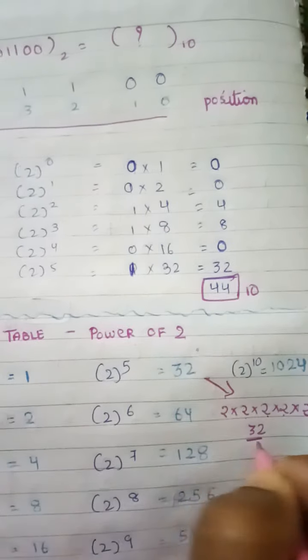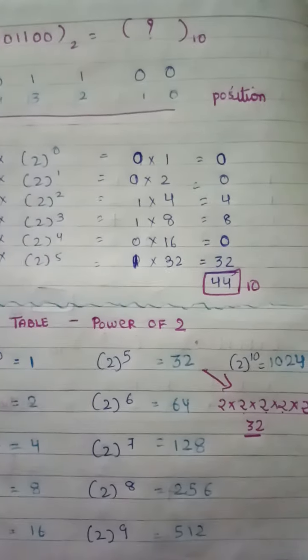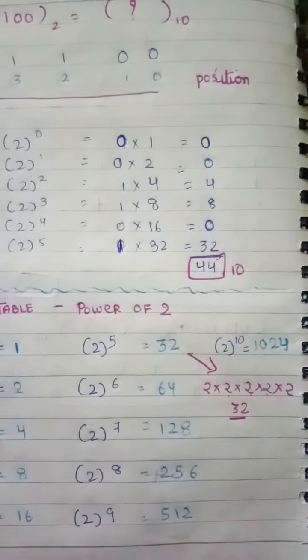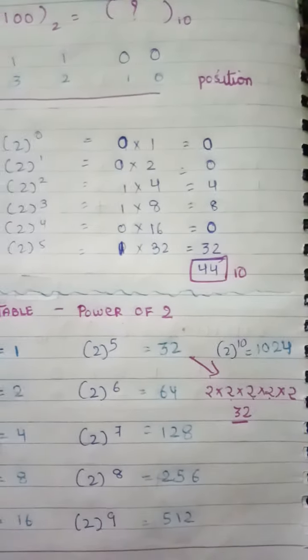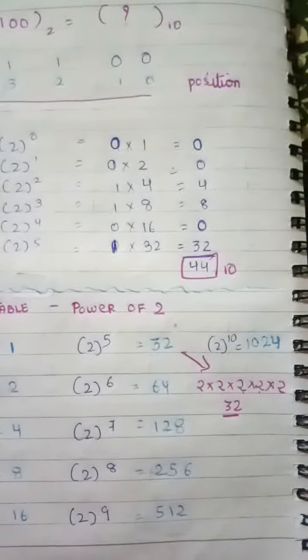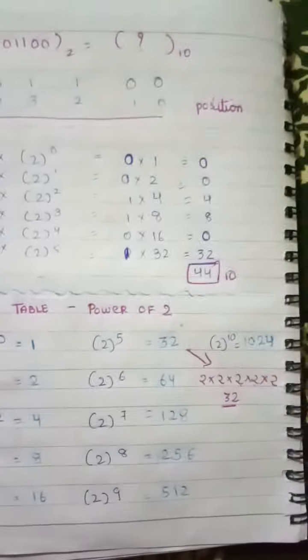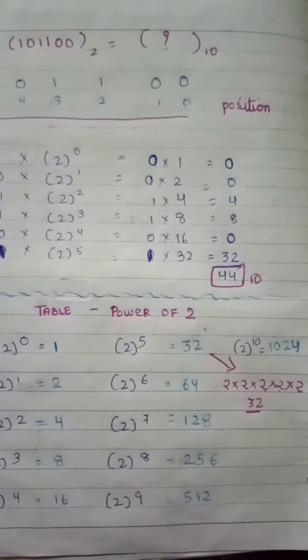This is the form, don't be confused. Don't multiply 5 by 2, then you will get the answer 10 and your whole answer would be wrong. So 2 raised to 5 means 5 times 2. I hope you all understand, and if you have any doubt, message me on my personal number.